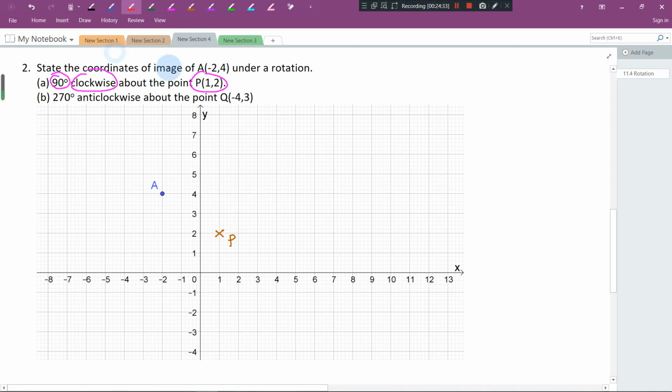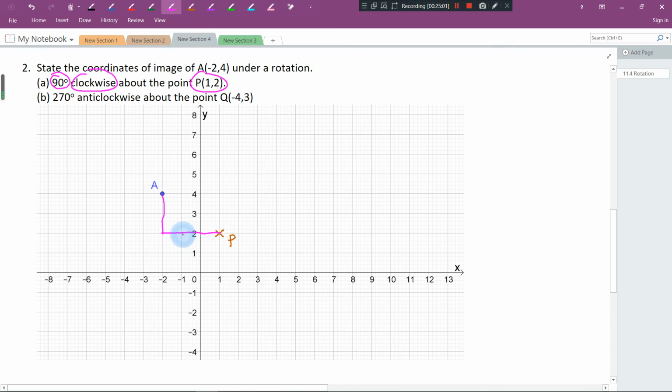Okay, in this case, I will just use an L-shaped method to help you to get the image. So always remember, start counting from the center. So I will start counting from here to here. So you want to go this way or this way is all up to you. So I think I go this way. 1, 2, 3, right? So 1, 2.